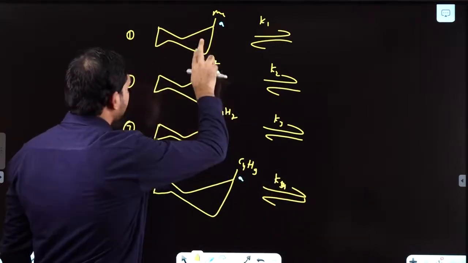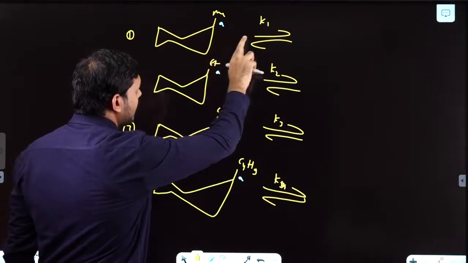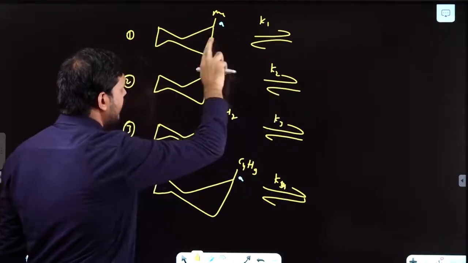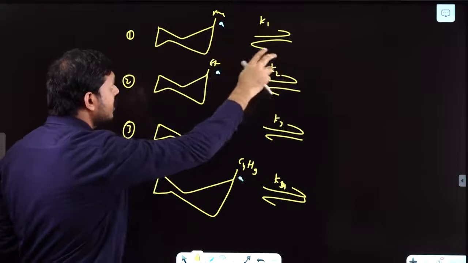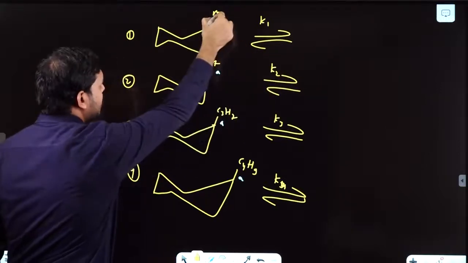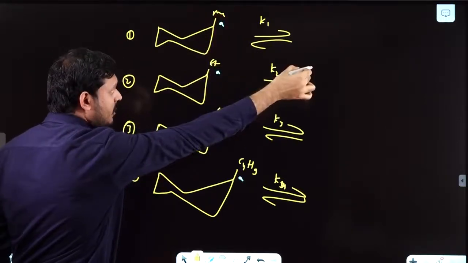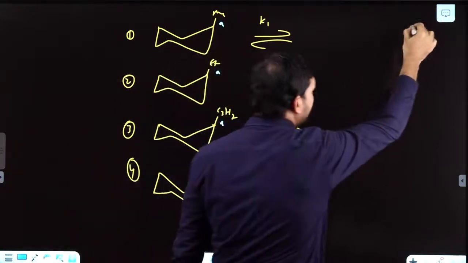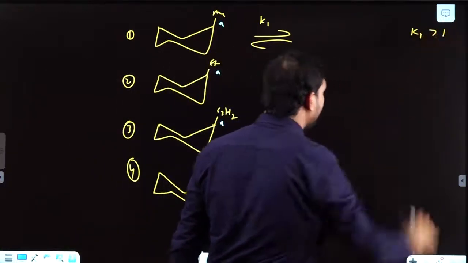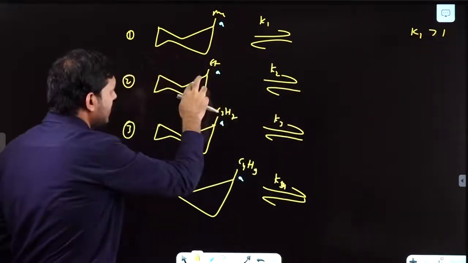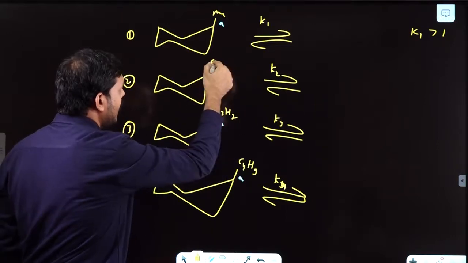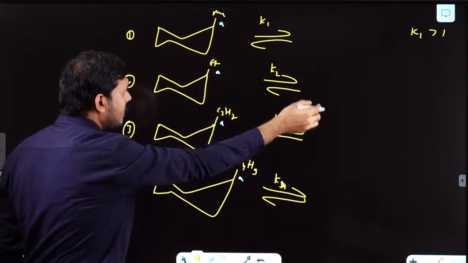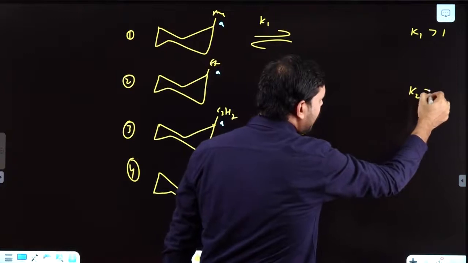When the first undergoes interconversion from one conformer into another, the substituent goes into equatorial position, so K1 must be greater than 1. Again, when this flips, ethyl goes into equatorial position, so K2 is greater than 1.